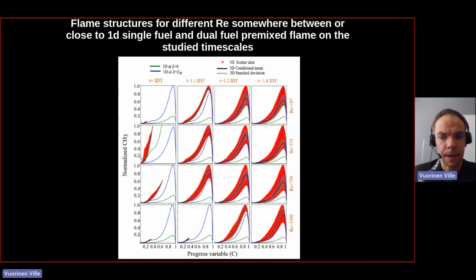You see that indeed the 3D data is somewhere between these 1D predictions. This is again an indication about the flame structure, and the y-axis is the normalized CH3 species.